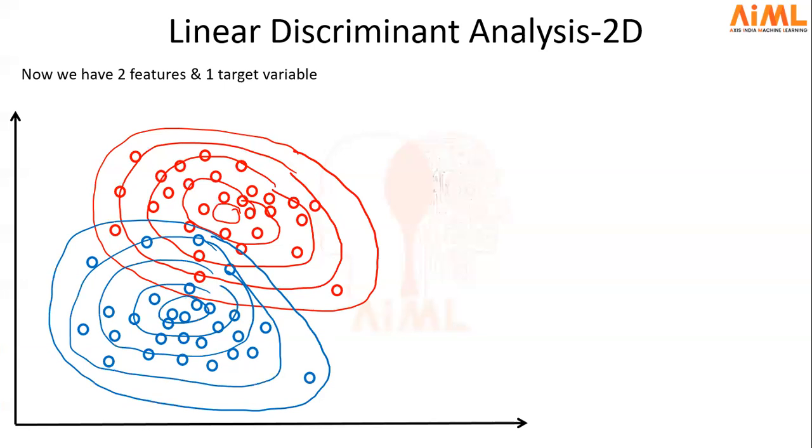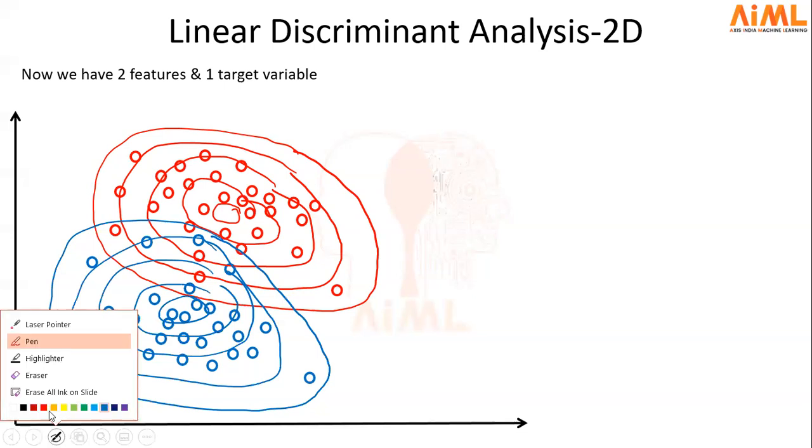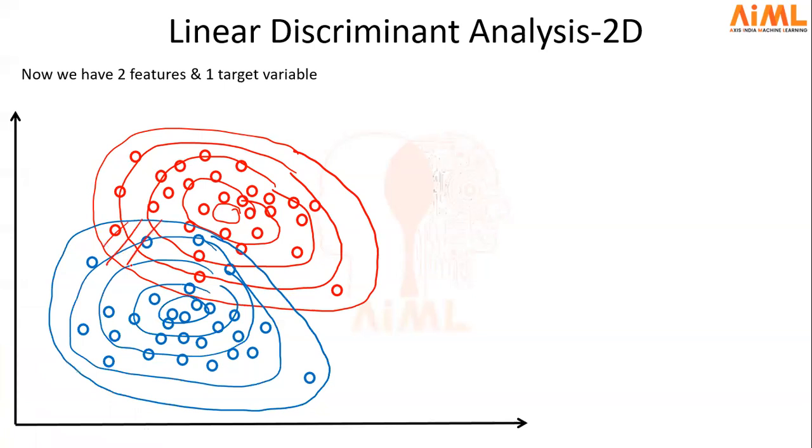So here we are getting two bivariate Gaussian distributions, and these two are our likelihoods. And as you can again see, the two Gaussian distributions are overlapping with each other here. Can you see the overlapping area?